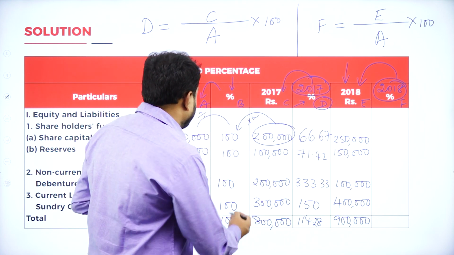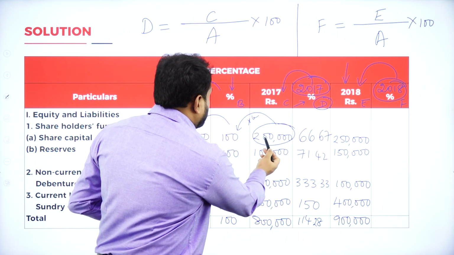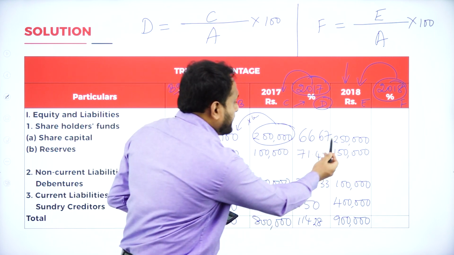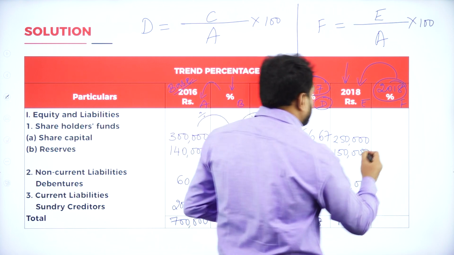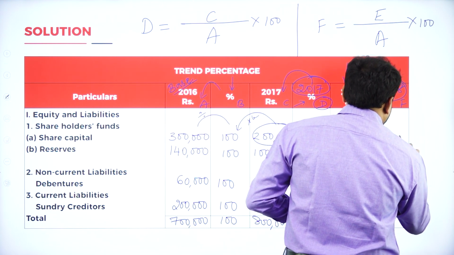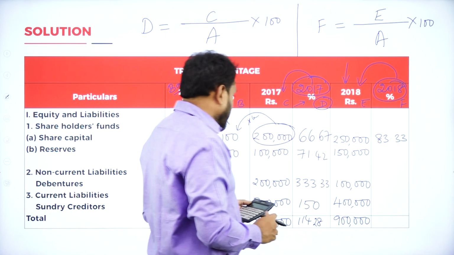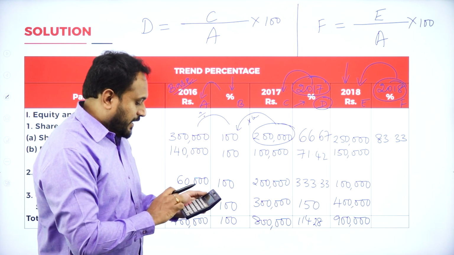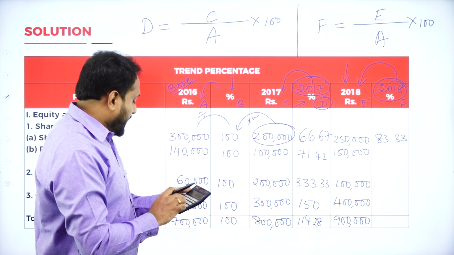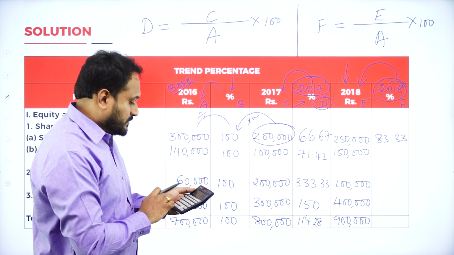So understand here. For 3,00,000 it is 100. For 2,00,000 it is 66. Now 2,50,000 it should be more than this and less than this. That is 83.33%.